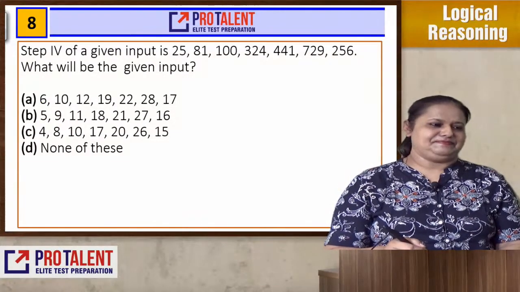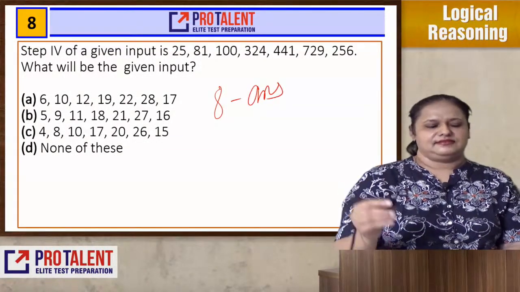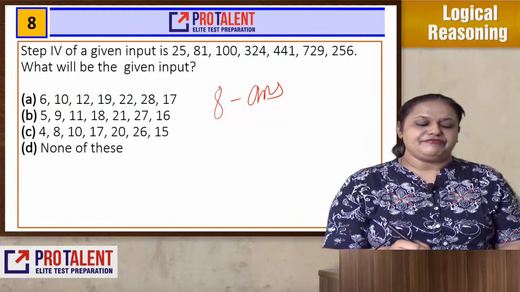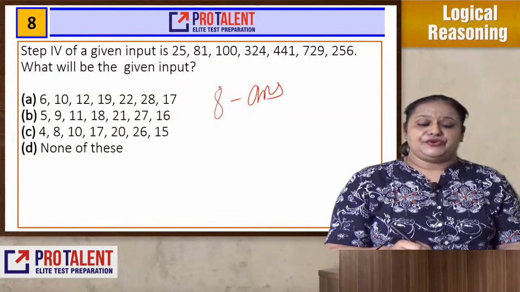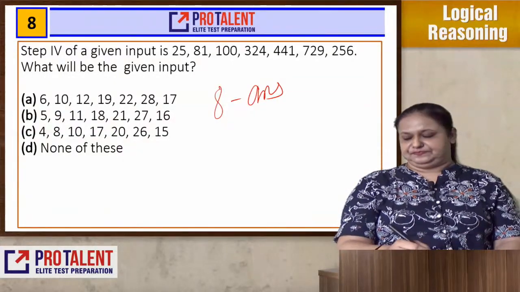Question number 8. Answer in this format. Question number 8. If step 4 of a given input is 25, 81 and so on, what will be the given input?